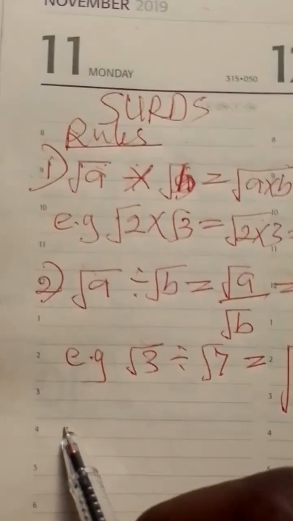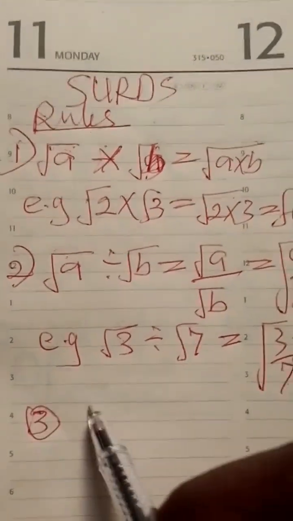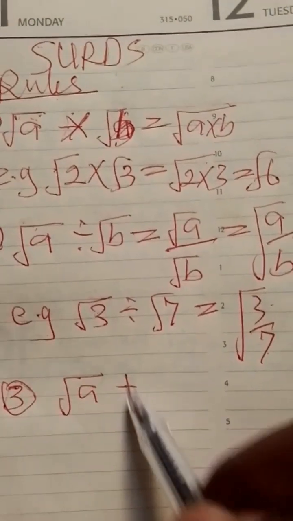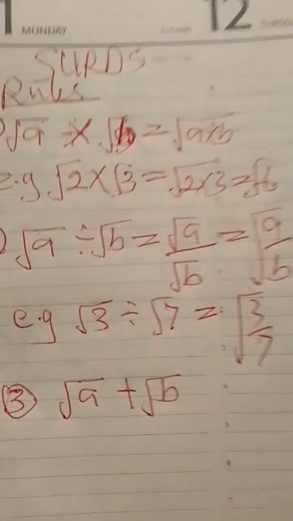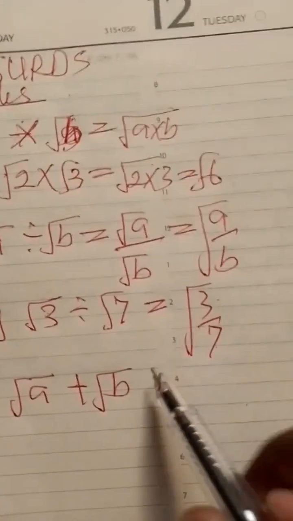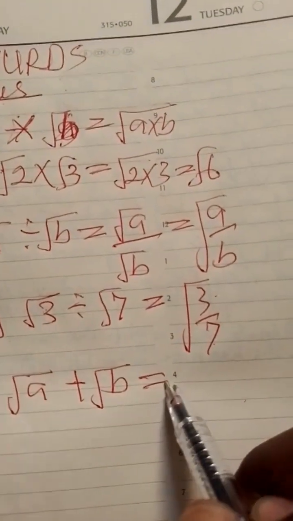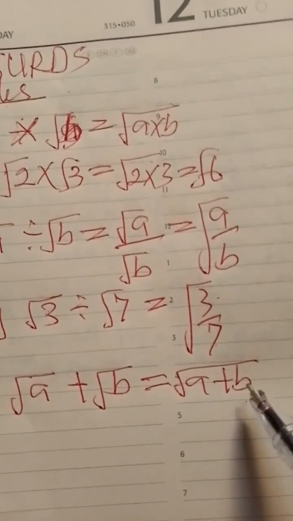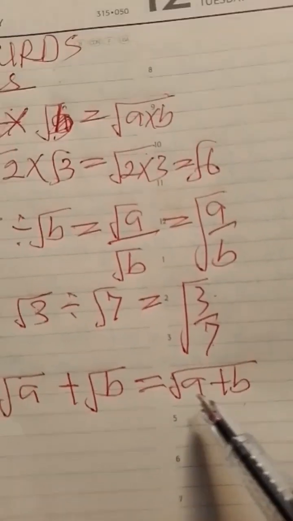Now, for the third one, if we have the square root of A plus the square root of B, in a real sense, most of you might be saying this one is the same thing as the square root of A plus B, which is not. It is not possible.